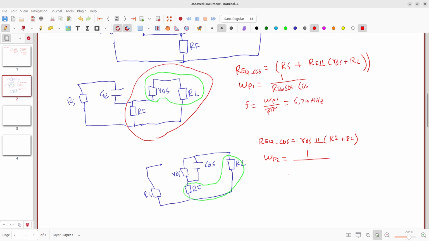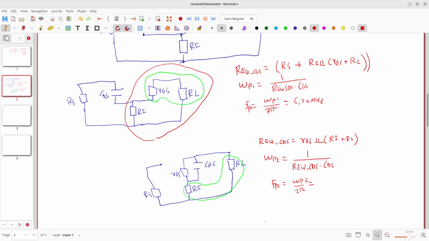This will be around 1 over R equivalent times CDS, and that will be P2, FP2 divided by 2π.